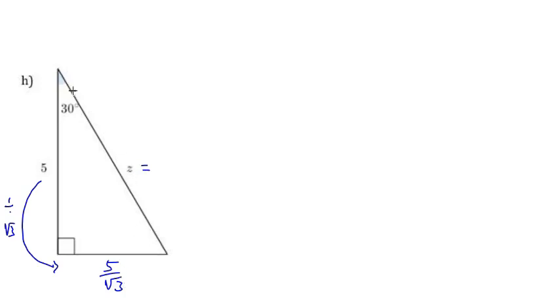Okay, now the hypotenuse, that's this side here. The hypotenuse is always straight across from the right angle. That will equal the short leg multiplied by 2. So we have the short leg, 5 over the square root of 3, multiplied by 2. Now when we multiply a fraction by a whole number, we can always just put a 1 underneath that whole number, and multiply straight across the top and bottom.